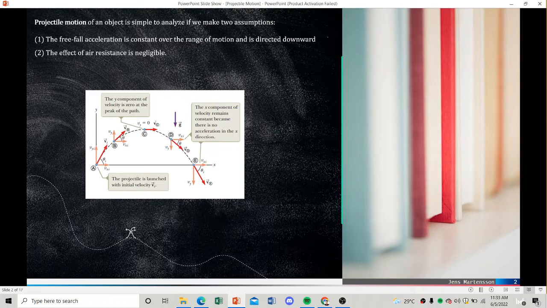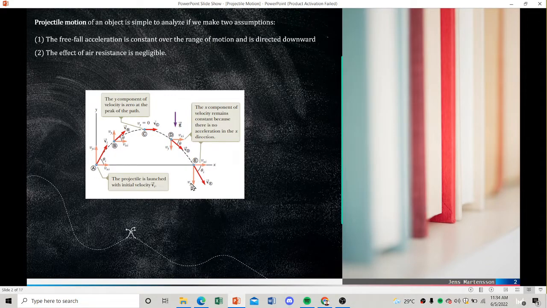When a particle is thrown obliquely near the Earth's surface, it moves along a curved path under constant acceleration directed towards the center of the Earth, and we assume the particle remains close to the Earth's surface. Such a particle is called a projectile, and its motion is called projectile motion.